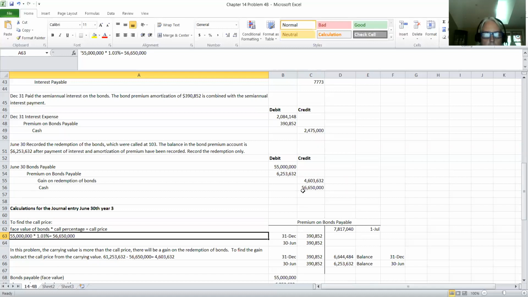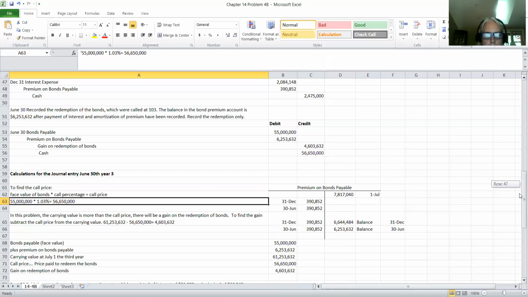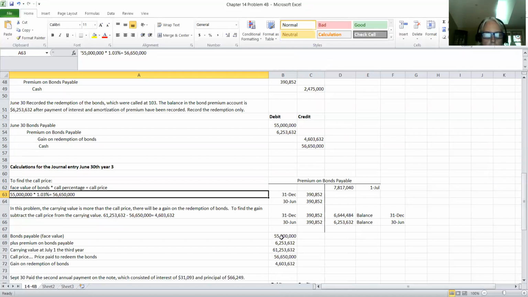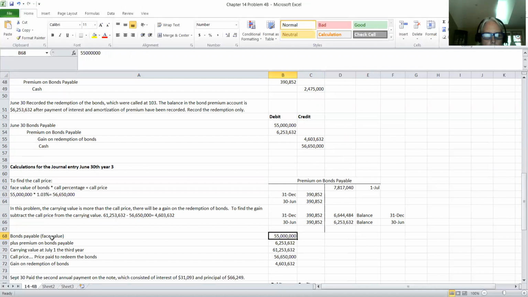And we would compare that to the carrying value of the bonds. The carrying value of the bonds is the face value of the bonds plus the premium. And at this time, the premium was given at $6,253,632. These two added together is the carrying value of the bond.